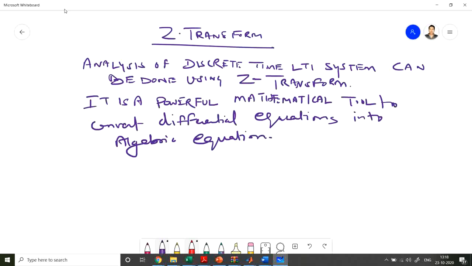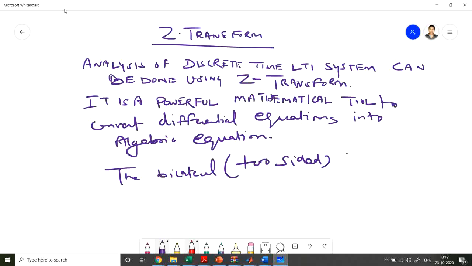So what is the definition of the Z transform? There is unilateral and there is bilateral, or two-sided. Right now I am discussing the bilateral.